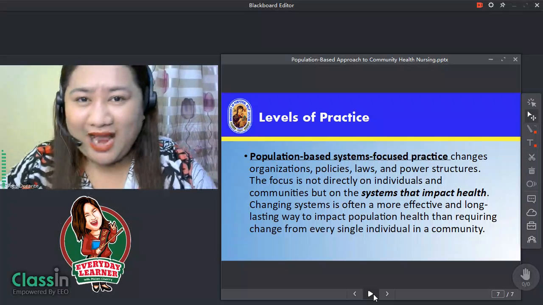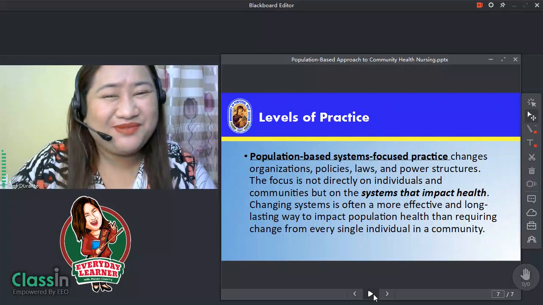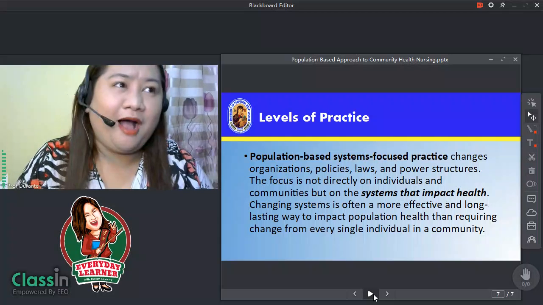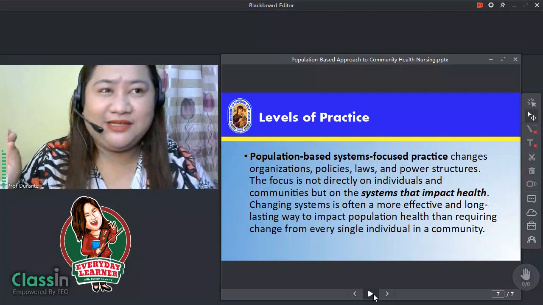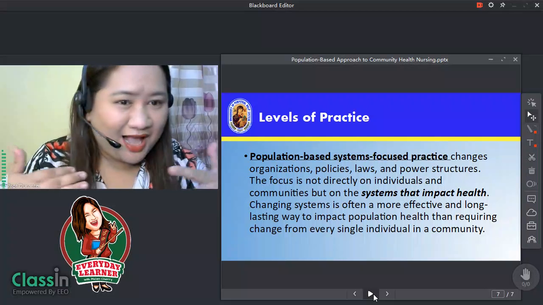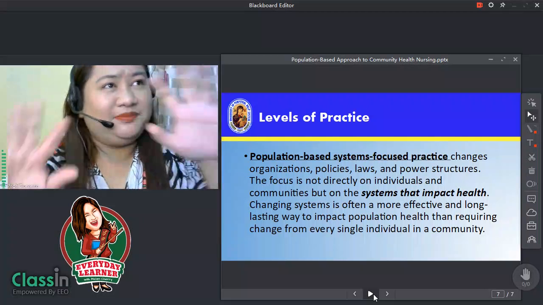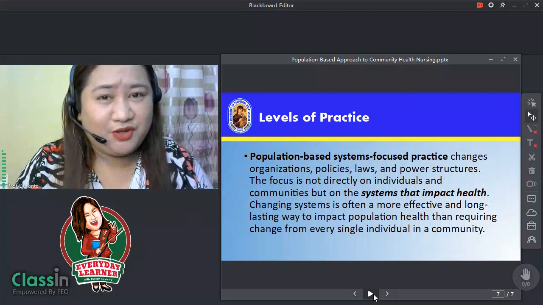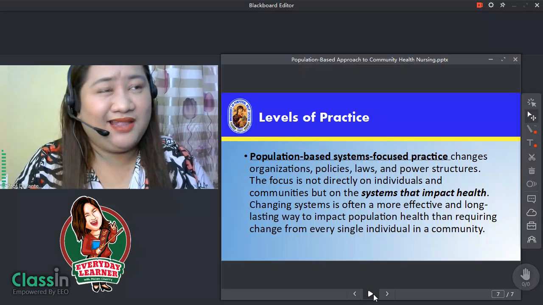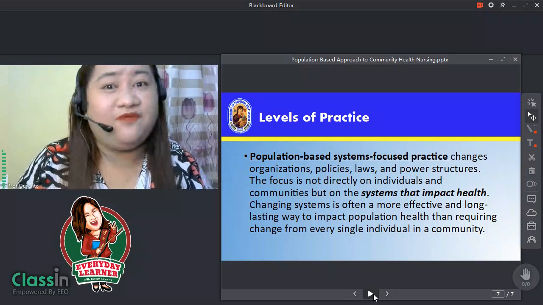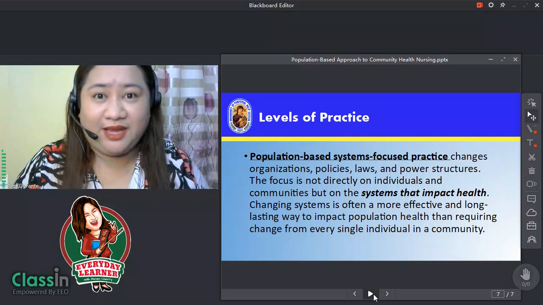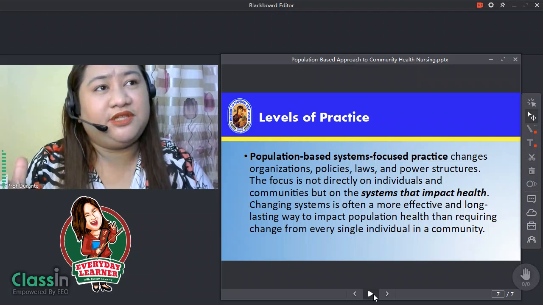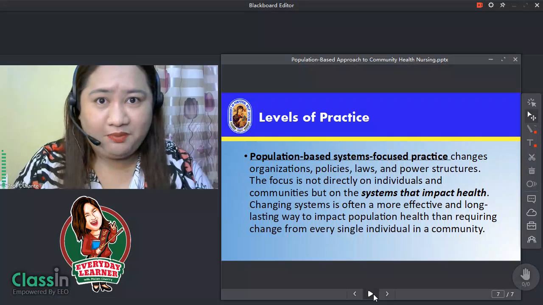Now for your activity, I want you to come up with a poster. I know that many of you have done some poster making contests before, so now you will do it. You just need your short bond paper.